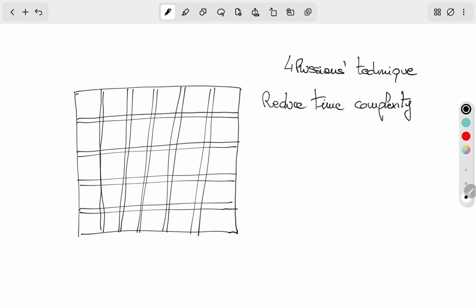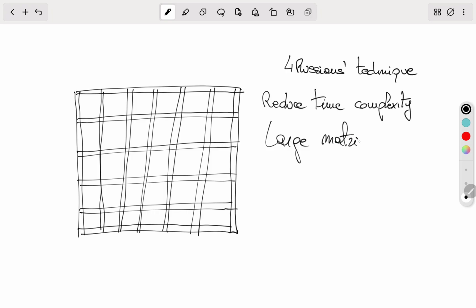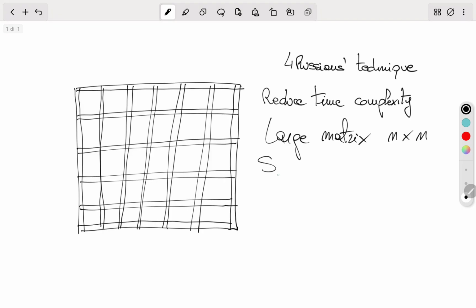And also the larger matrix is an n by n, and the smaller matrices are instead t by t.